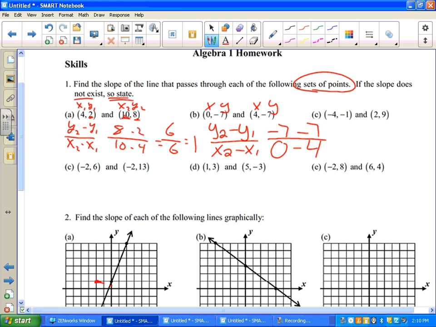Whatever. I need my paper. And then that equals 4, 0, and 0 over 4. And it's going to be a 0 thing. Very good.